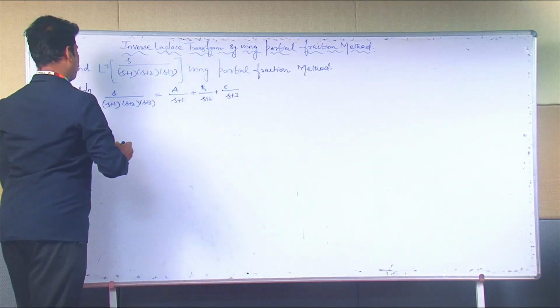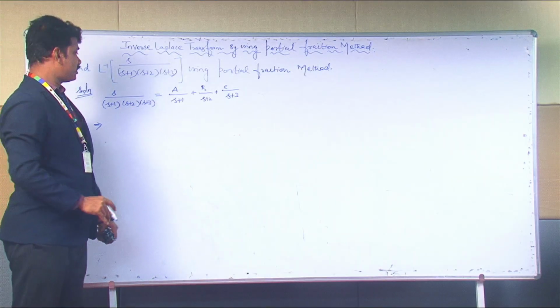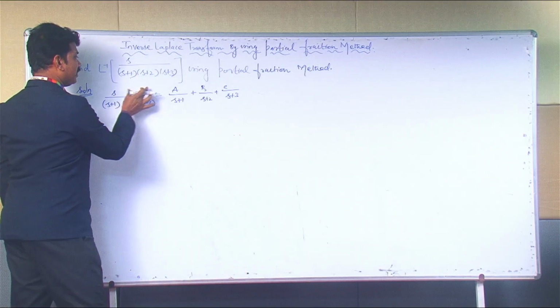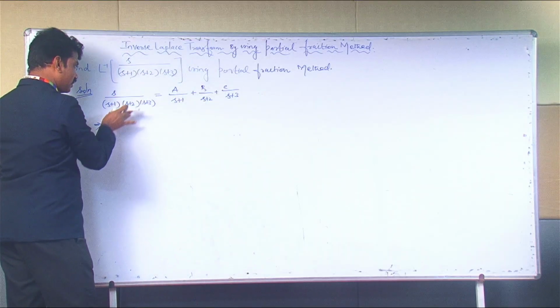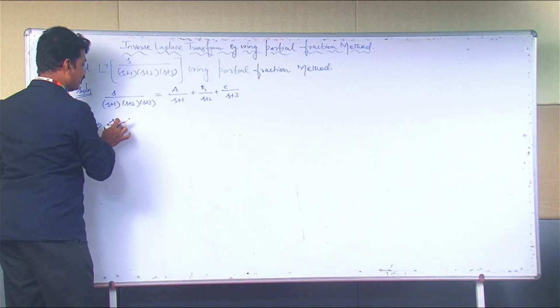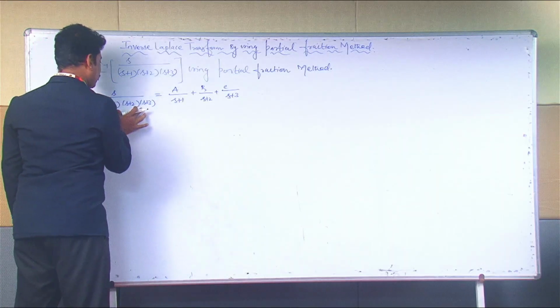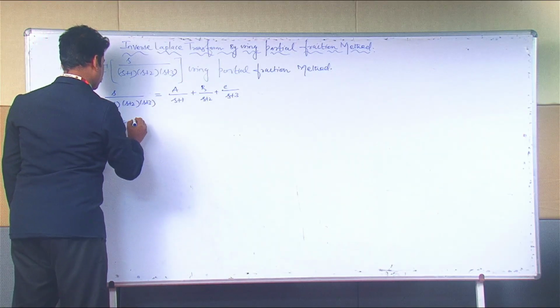Okay. Now look at this. What I am going to do is multiply the denominator terms into the numerator, and then finally we get s equal to, if you multiply in the A term, s plus 1 gets cancelled.